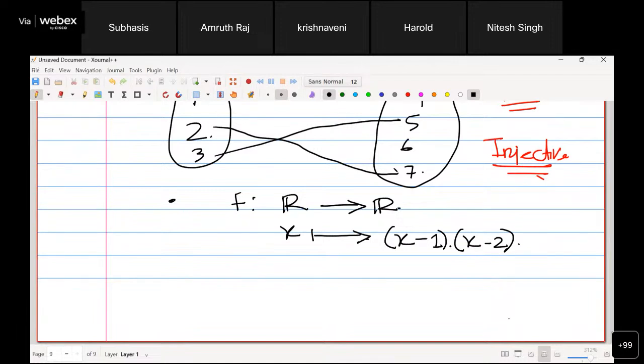Don't try to answer about the surjectivity, because for surjectivity you need some concept. If you know the parabola, then you can easily tell, but for the time being, let's stick to whether this function is injective or not.